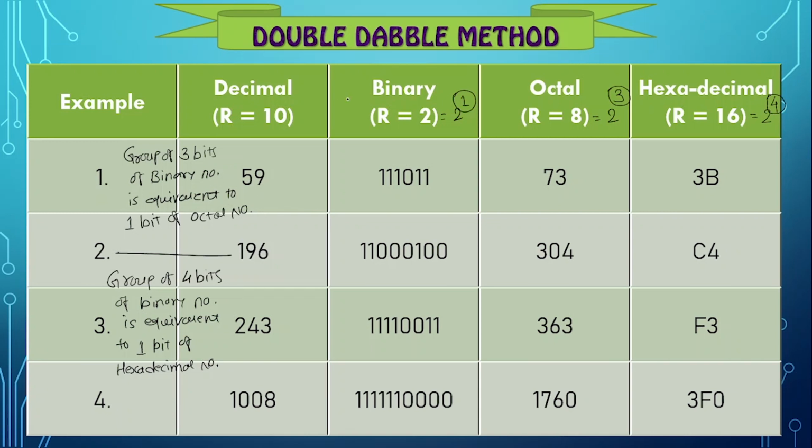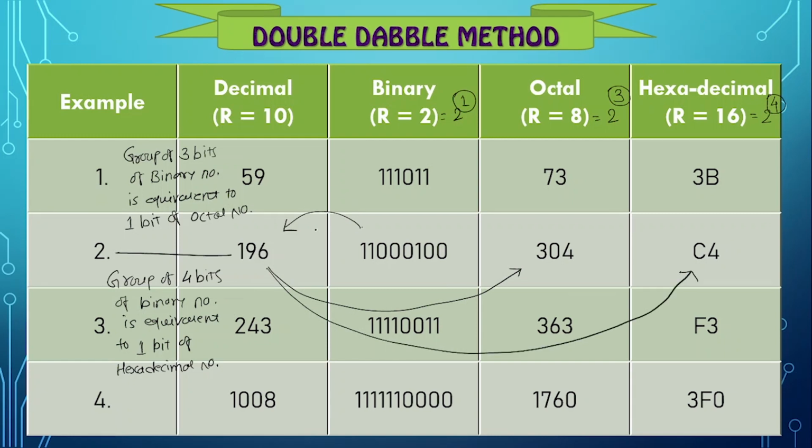If in any exam they give you a binary number and ask you to find the octal or hexadecimal number, then you perform the streamline method on the binary to get the decimal equivalent, and then you convert that decimal into octal or hexadecimal by the double method.